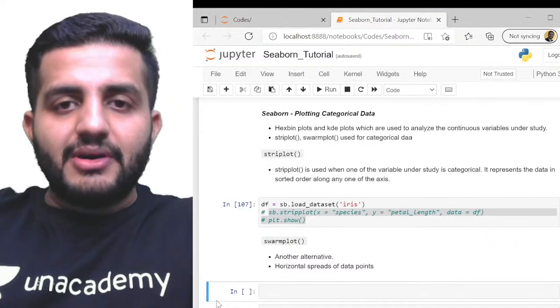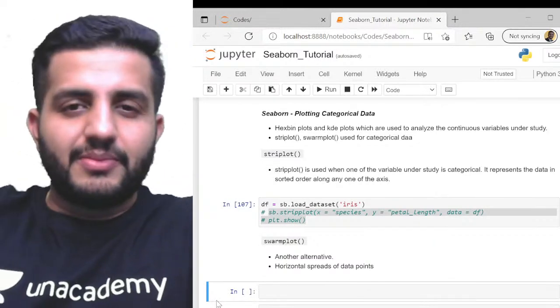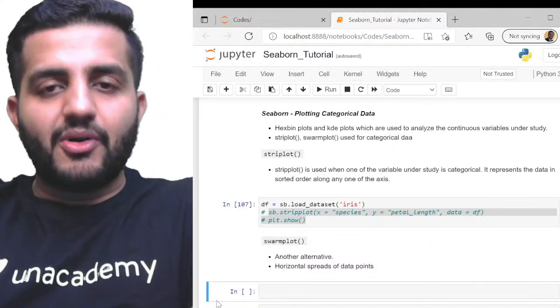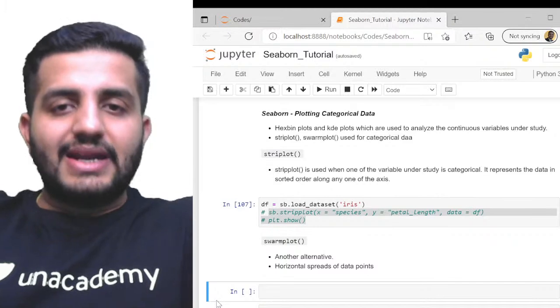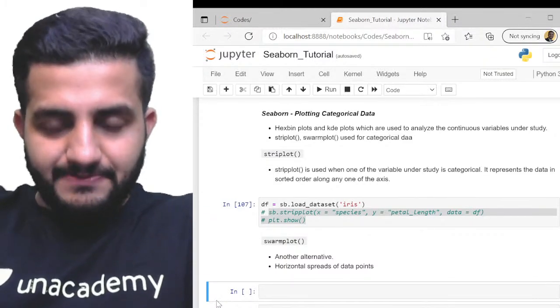Because we were doing the distribution plot, a distribution of numbers, bivariate plots, the hex bins, the joint plot, the scatter also. For X and Y, we are giving all numerical data, right?